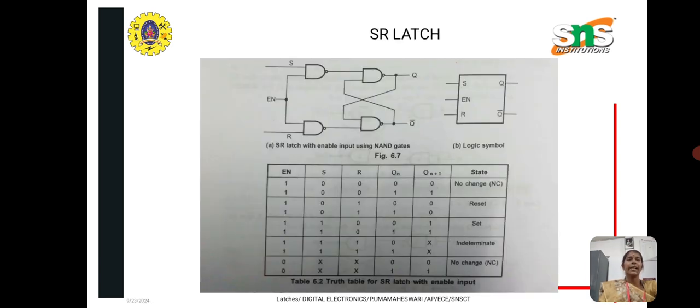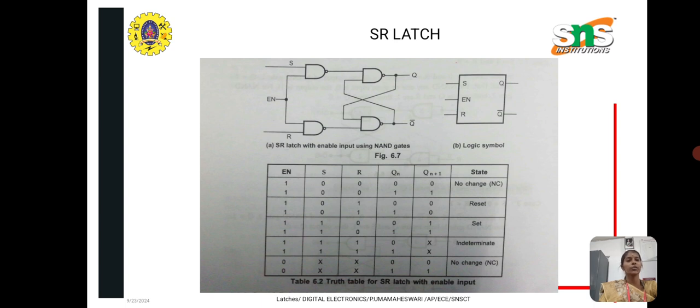Here is an SR latch with enable input using NAND gates. A NAND gate is an AND gate with an inverter. The logic symbol is also shown here. The truth table for the SR latch with enable input: we give the enable signal for all combinations of the input, that is S, R and Qn, and then Qn plus 1.